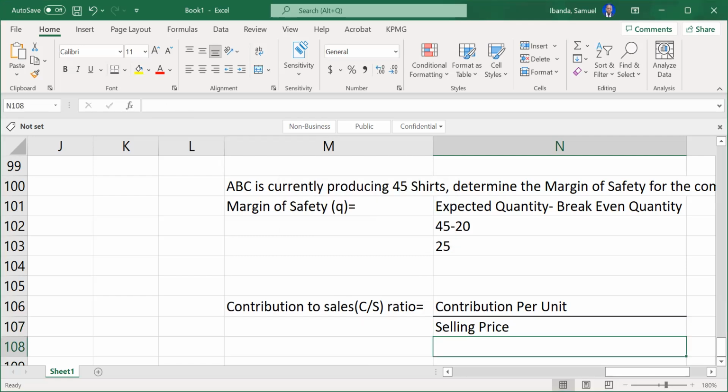That's how our contribution to sales ratio will look.